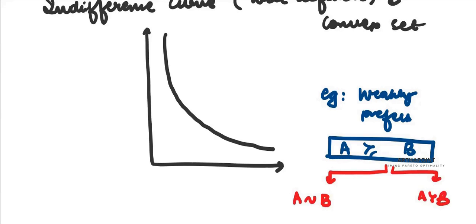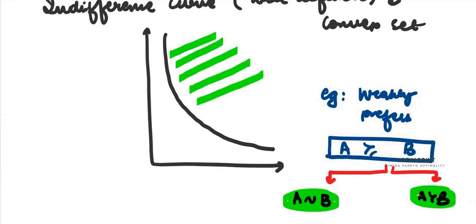So if I'm indifferent between 2 bundles, it will be on the indifference curve. If one bundle is preferred over the other bundle, it will be all the bundles which are above the indifference curve.